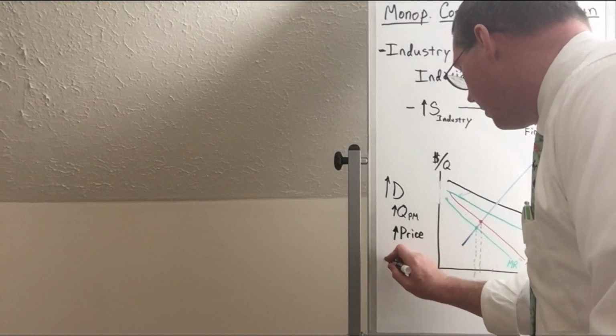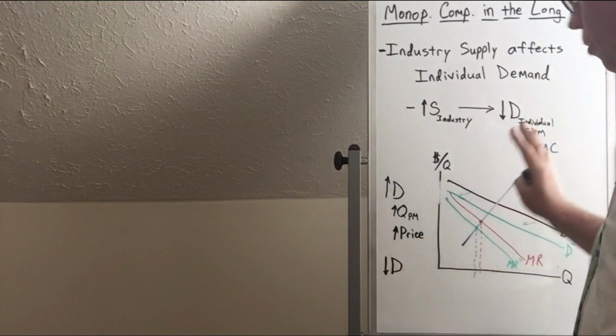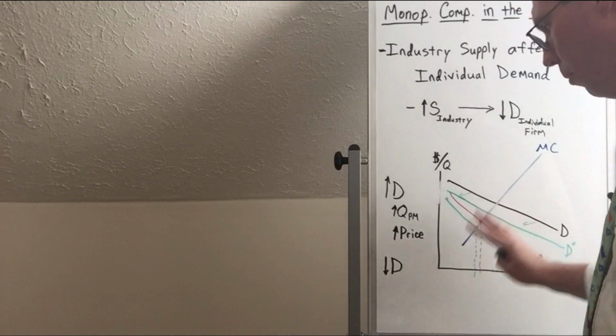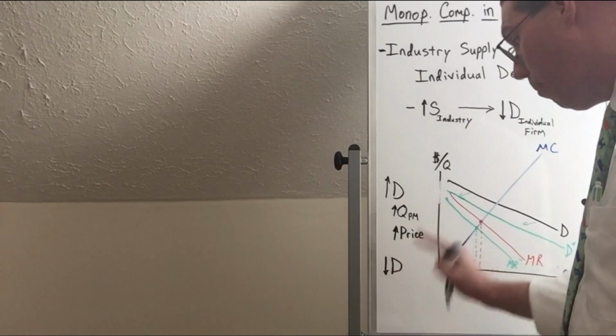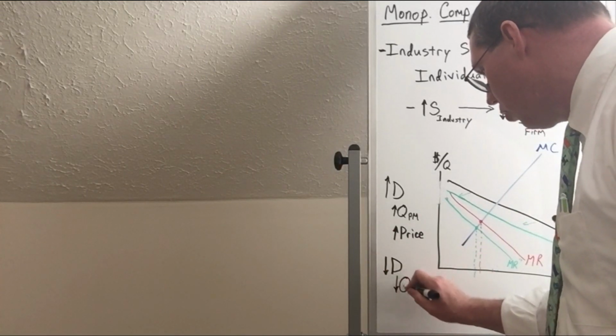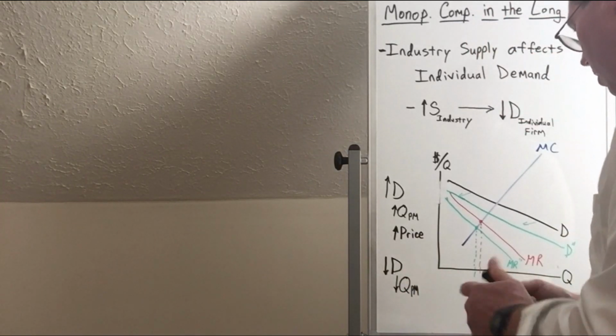So when demand for one particular monopolistic competitor's products decreases, they will produce a smaller quantity because they have a lower profit maximizing quantity.